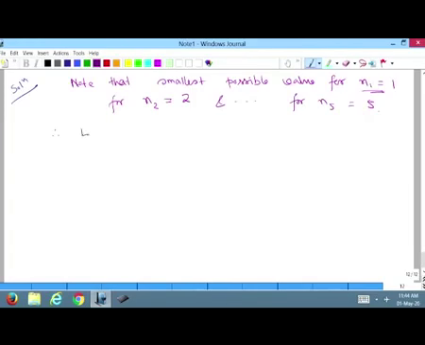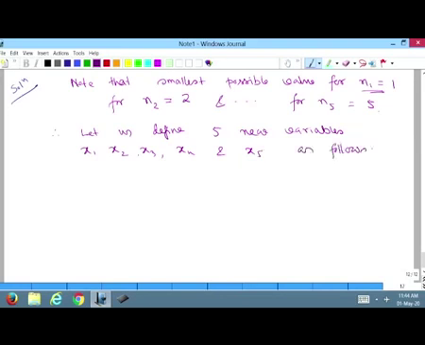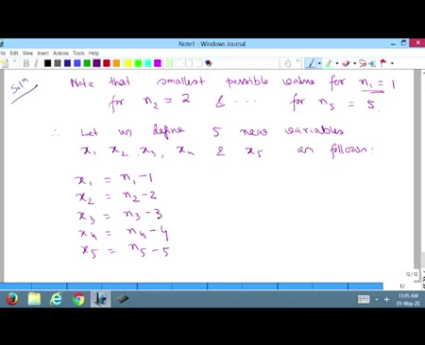Therefore, let us define 5 new variables x1, x2, x3, x4 and x5 as follows. x1 is equal to n1 minus 1, x2 is equal to n2 minus 2, x3 is equal to n3 minus 3, x4 is equal to n4 minus 4 and x5 is equal to n5 minus 5.